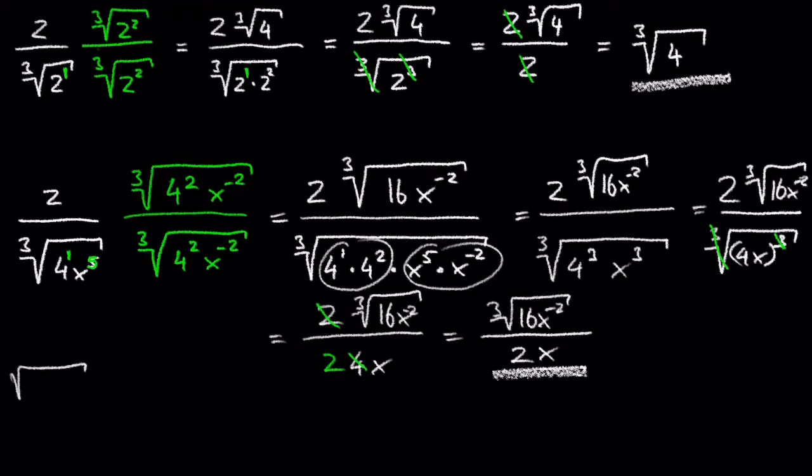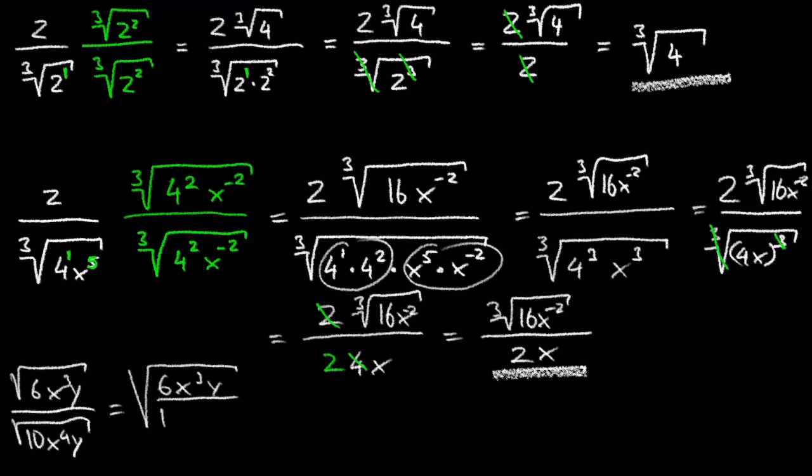The square root of 6x to the 3 times y over the square root of 10x to the 4 times y. Because of the division law for roots, we get the square root of 6x to the 3 times y over 10x to the 4 times y.